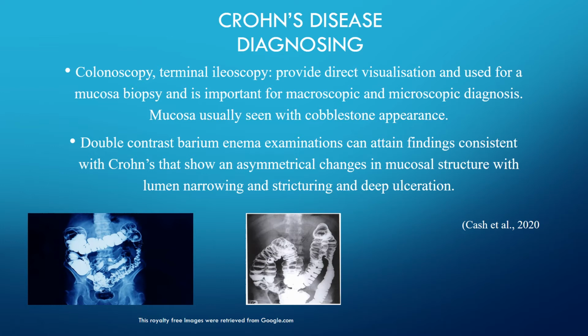Double contrast barium enema examinations can attain findings consistent with Crohn's disease, and it shows asymmetrical changes in mucosal structure, with lumen narrowing and stricturing and deep ulcerations.